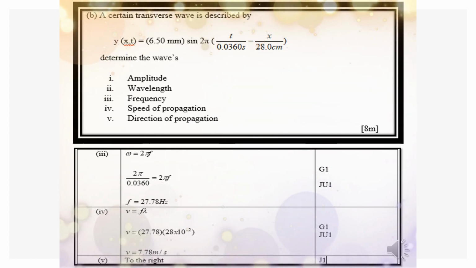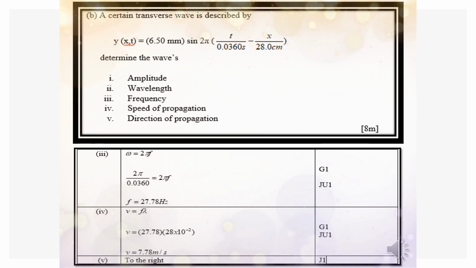Untuk mendapatkan frekuensi ataupun period, kita boleh dapatkan daripada angular frequency ataupun omega. Jadi kita substitute sahaja, gantian 1 markah dan jawapan dengan unit yang betul 7.78 meter per second. Pastikan jawapan akhir anda ada unit yang betul. Tidak ada unit, maka tidak dapat markah.